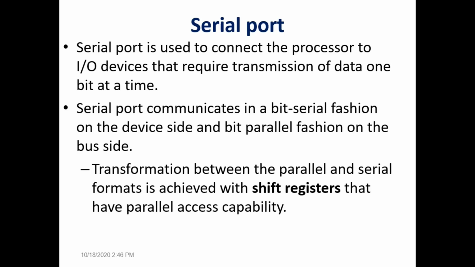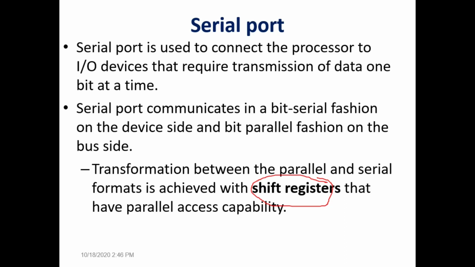Now how is every bit transmitted one by one? We have studied a concept called shift register, or shift instruction, or shift right operation. But there are some special purpose registers, which are called shift registers, which we study in analog and digital electronics subject. Those shift registers are used.